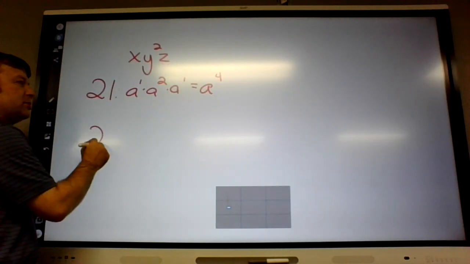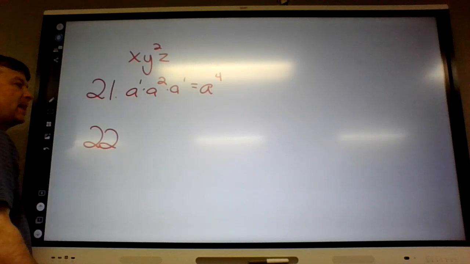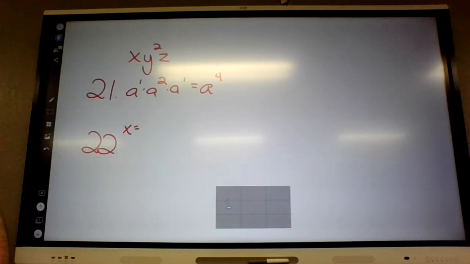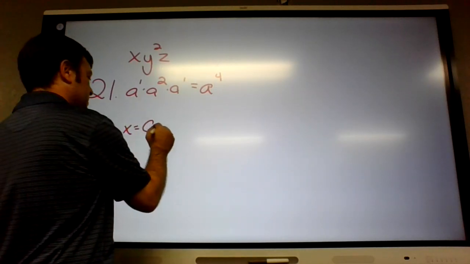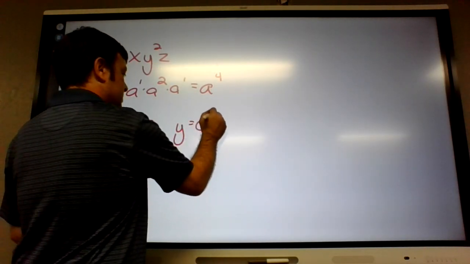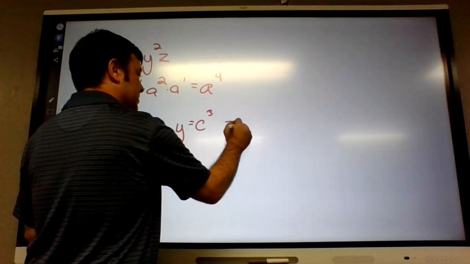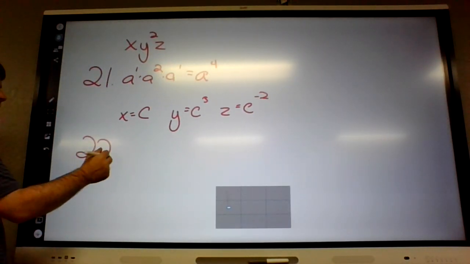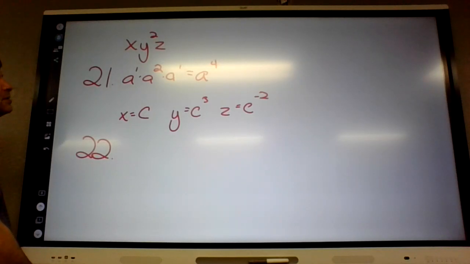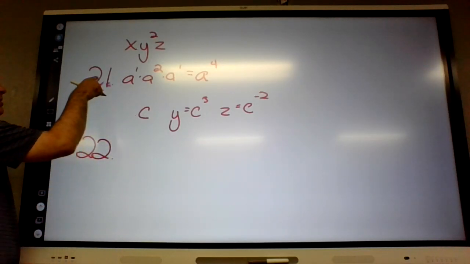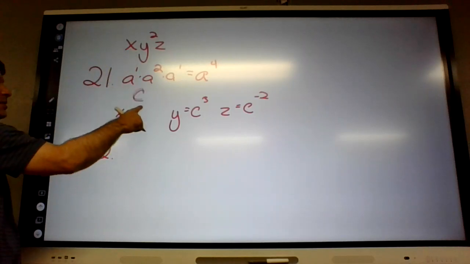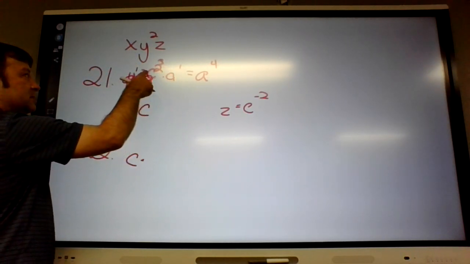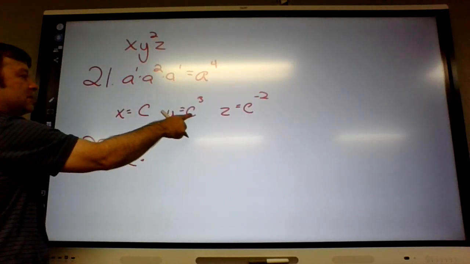Okay, 22 says x is, what did it say? C cubed, c to the negative 2. C cubed, c to the negative 2. So what would that look like? Well, first one is c, right? Still using this formula. C times, now how would we do this one now?